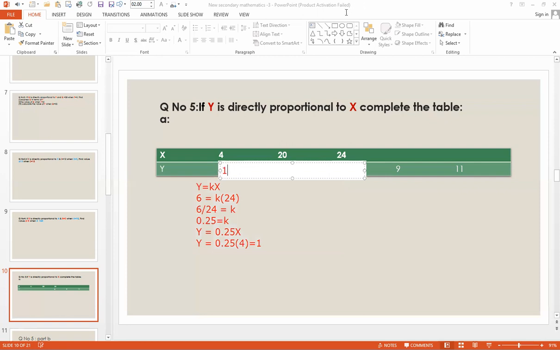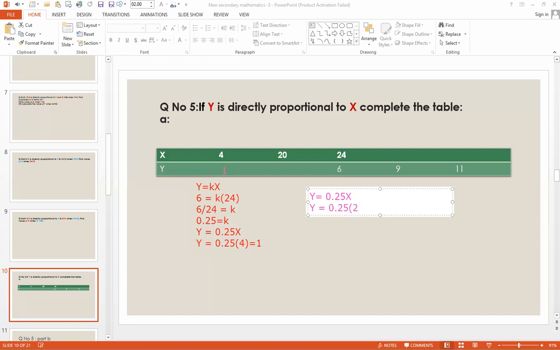Okay. After that, I have to change the color. I have to use pink color, and I have to come to the second. Again, I have to write the same correct equation. So y is equal to, what is the value for k? That is 0.25x. Now we come to the second value of x, that is 20. So you have to write y is equal to 0.25 and within a bracket you have to write 20.